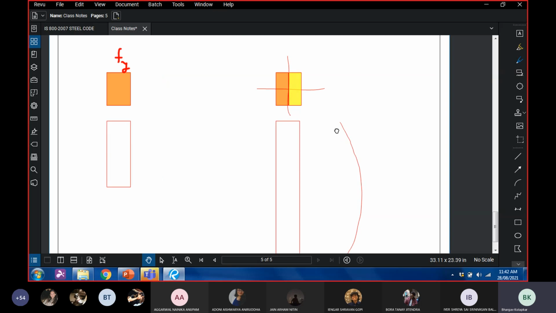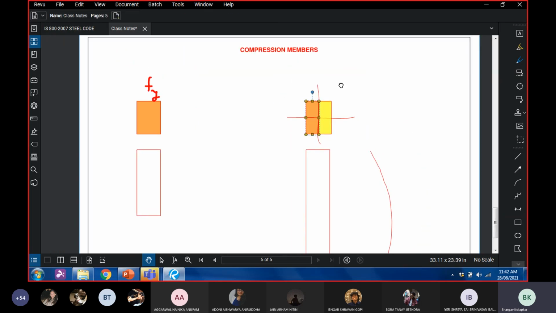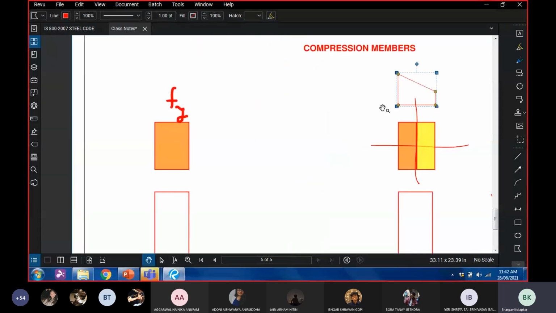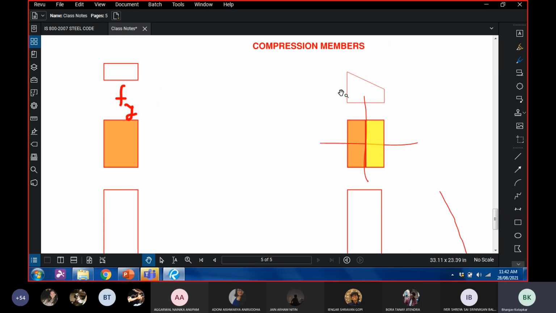But nonetheless, here the stress is uniform, but here the stress is not uniform. It might happen that the stress looks something like this. Here the stress is uniform, which is Fy, and here the stress is larger, and then it reduces as we move outwards.